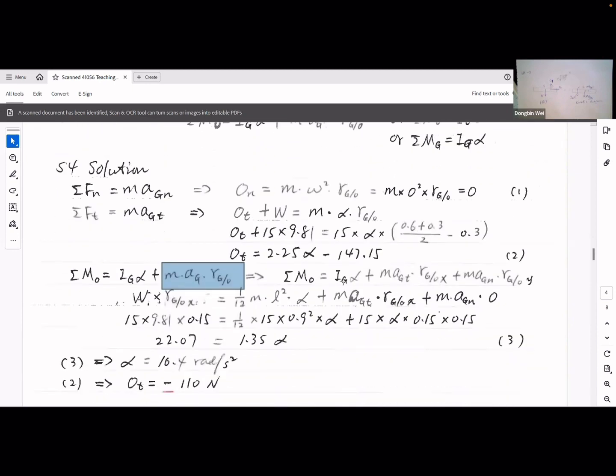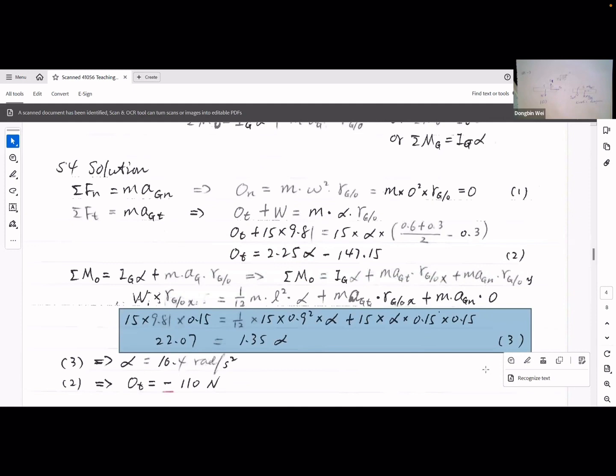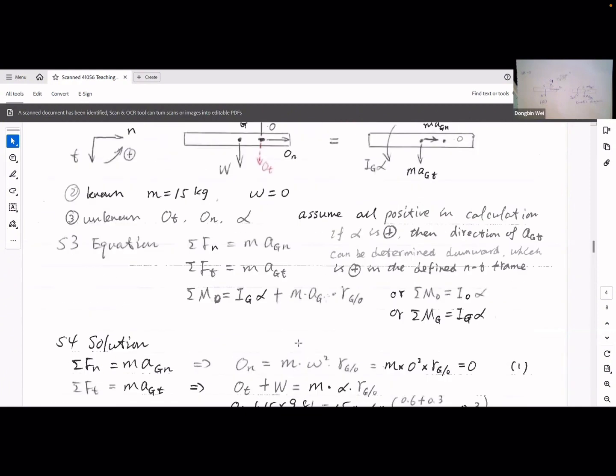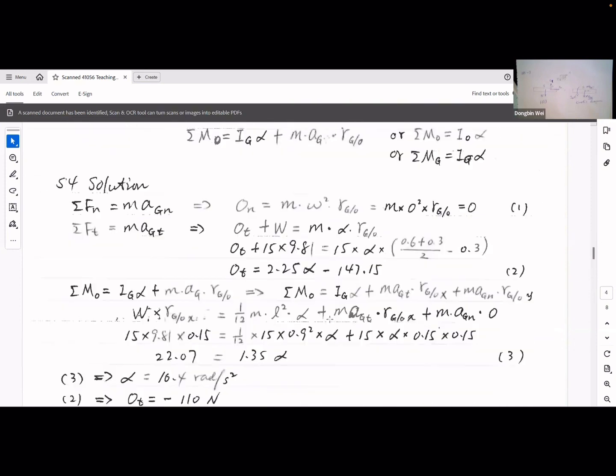Okay, now we have equation 2 and equation 3 for our calculation, and we can solve alpha positive 16.4. So that means the indicated or assumed direction of alpha is correct.